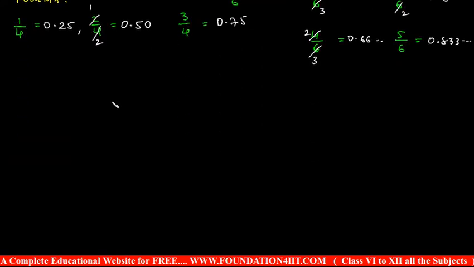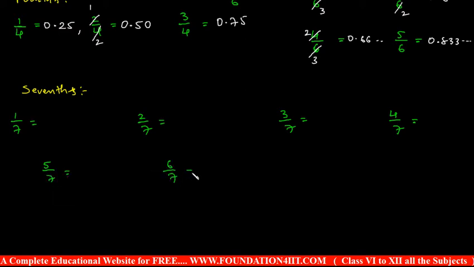Before that, let me show the 7th also. Some important technique is there in the 7th. I'll show that. If you see the questions, 1 by 7, 2 by 7, 3 by 7 and 4 by 7, similarly we need to remember 5 by 7 and 6 by 7 values. Only if you remember the first one, the remaining values you can get.